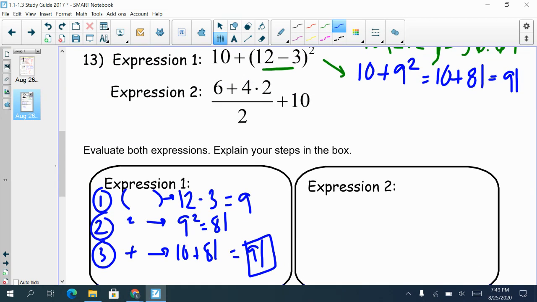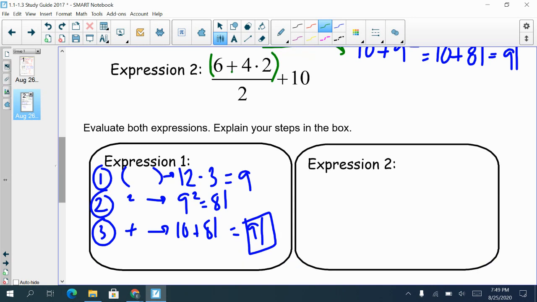Okay, so for expression 2, you have to remember that fraction bars kind of act like mock parentheses. You can't split apart things if they have a plus sign. So in the top, what we're going to do first is multiply 4 times 2, and we're going to get 8.